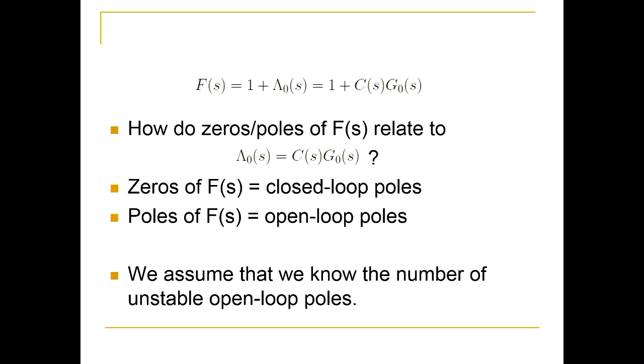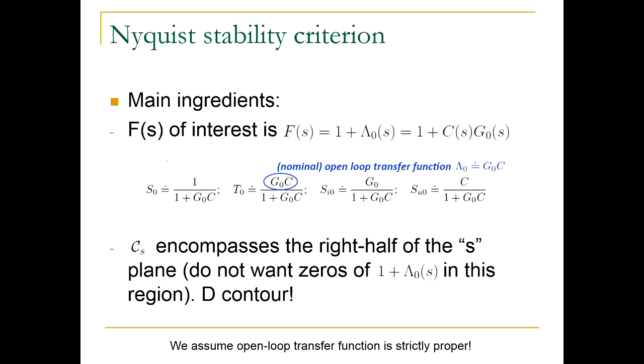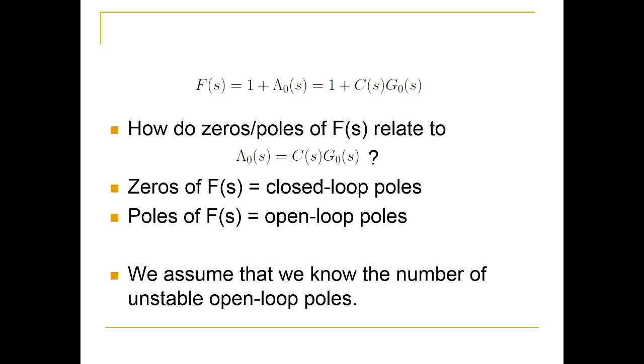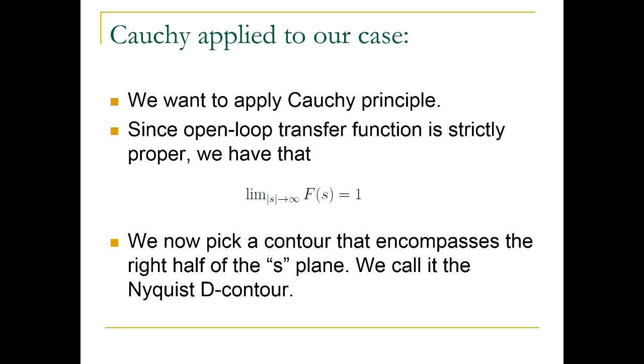When I rewrite everything as a transfer function, then poles of f of s are the same as poles of lambda 0. Okay. So everything I said here is just the main ingredients. This is the setting, and we now want to relate things to stability.